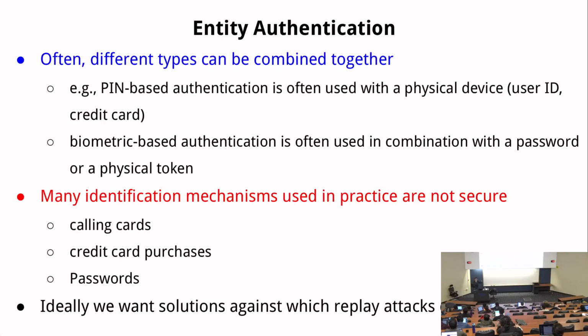For example, a PIN-based authentication is often used with a physical device. Like when you swipe your debit card, you need to input your PIN. When you swipe your credit card, you don't, because there's a law behind that. When you swipe a credit card, you cannot use your PIN. The biometric authentication sometimes is combined with a password and or physical token.